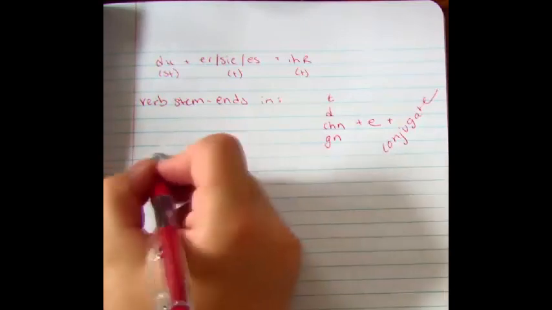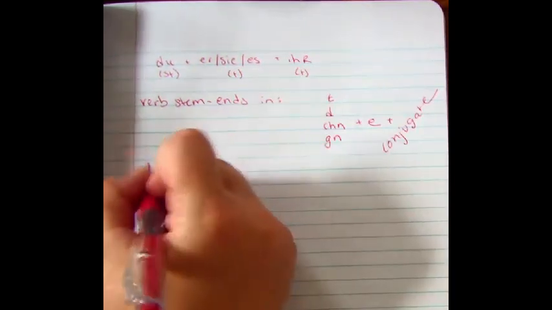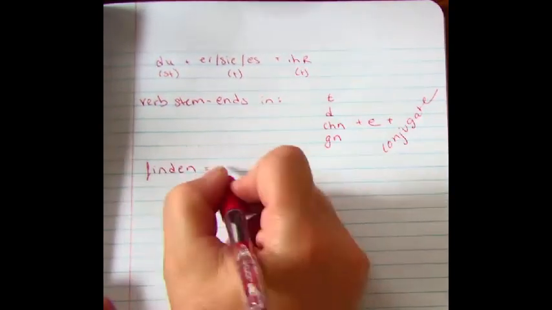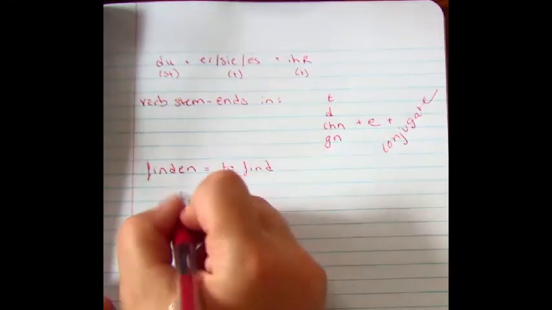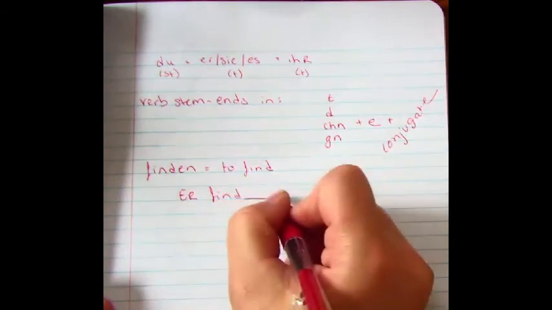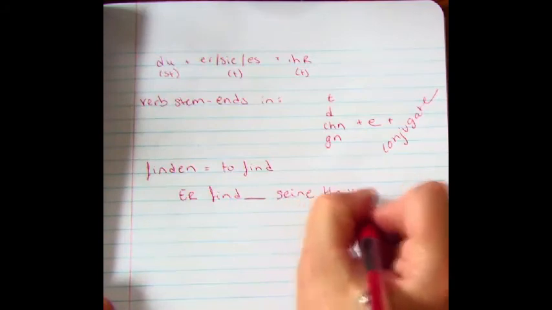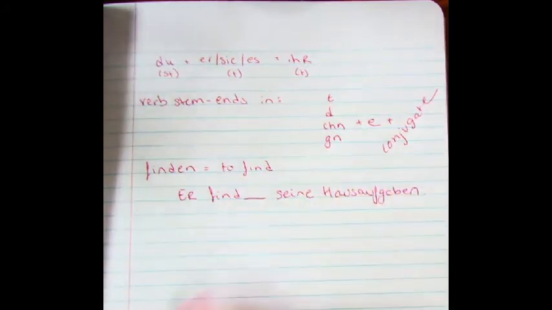So for example, when we have a verb like finden. Finden is a cognate. It means to find. If I say find seine Hausaufgaben, so he finds his homework.